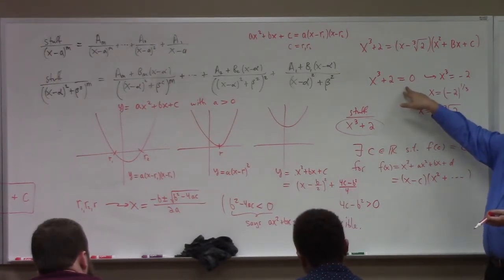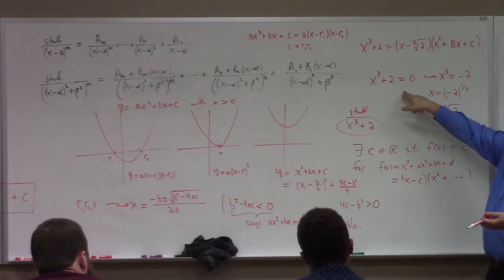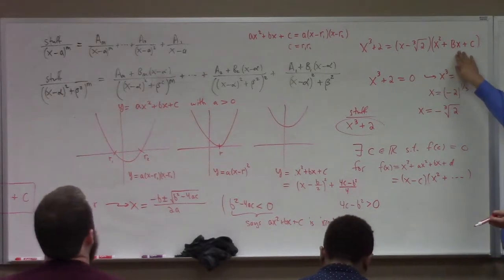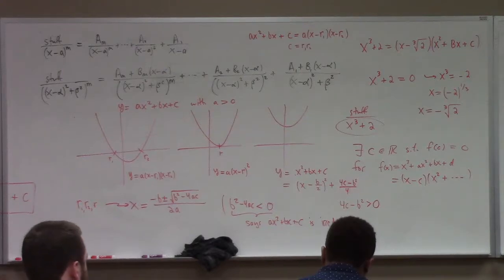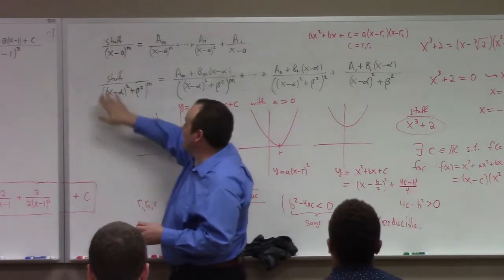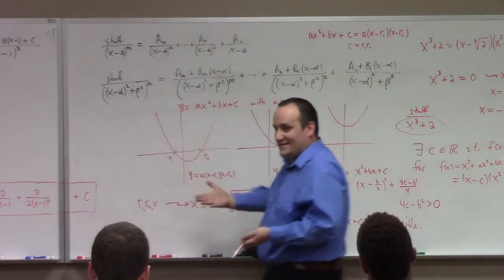I happen to know the other two solutions of this equation are complex. They involve third roots of unity, whatever that is. But the point is, when you actually work out the details, this will be one of those irreducible quadratics. This is the difference. These are linear factors. This is an irreducible factor, and the algebra works out differently for these different cases.